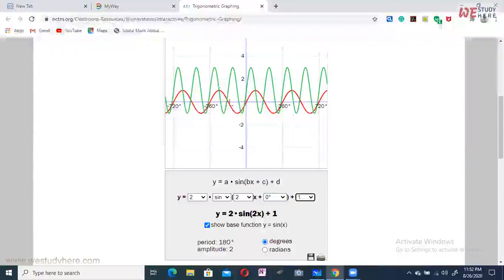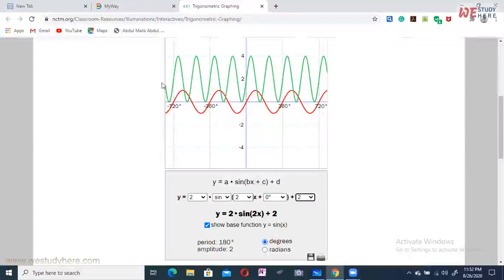The principal axis is 1 here. In the middle of this curve, y equals 1 will be there. If we take 2 here, then you can see in the middle of this curve is 2. It means the principal axis is now y equals 2. This represents the principal axis.